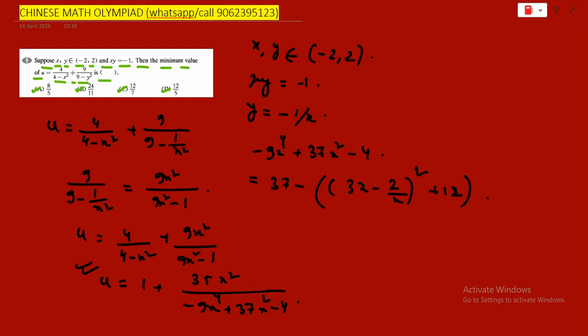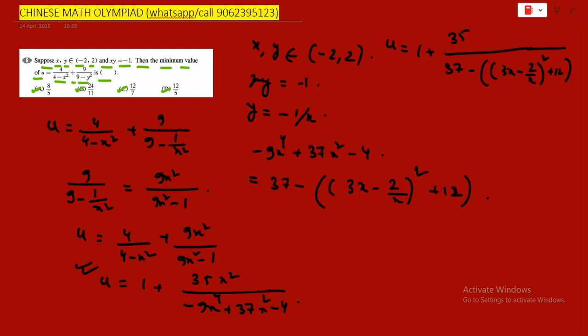Now when you see a quartic, try converting into a perfect square form. Now the expression becomes what? u equal to 1 plus 35 over 37 minus (3x - 2/x)² plus 12, right?